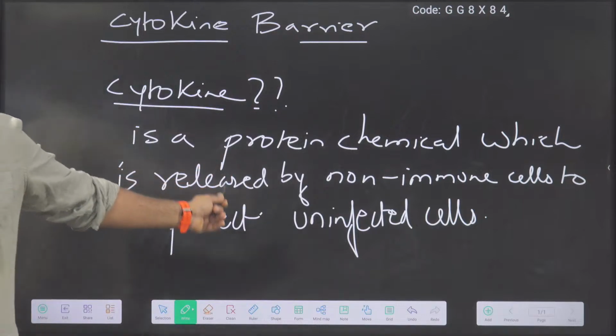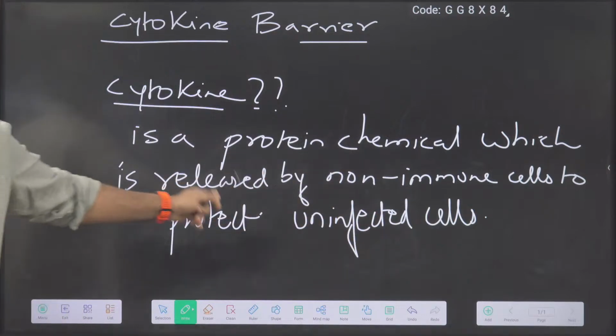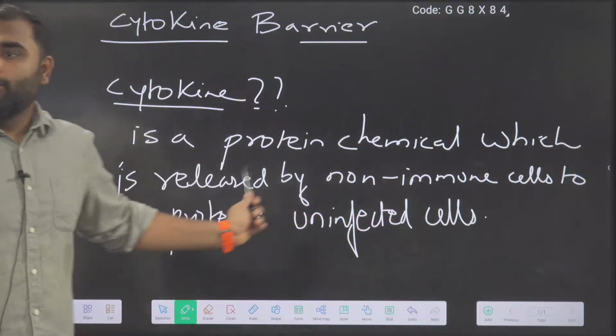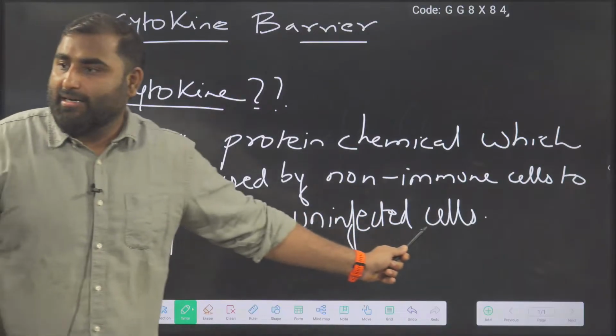So cytokine is a protein chemical which is released by non-immune cells to protect uninfected cells.